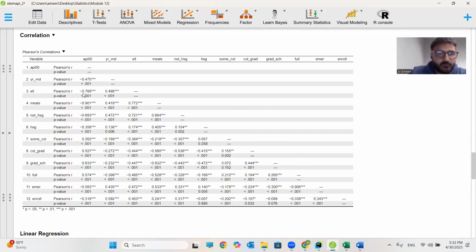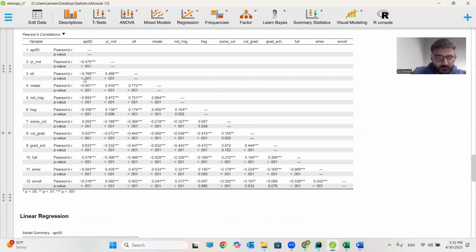Also a high correlation between this and the API, also affecting it negatively. Meals has the highest correlation value of 0.9. Meals is basically the number of students receiving free meals. These are all negatively affecting API.